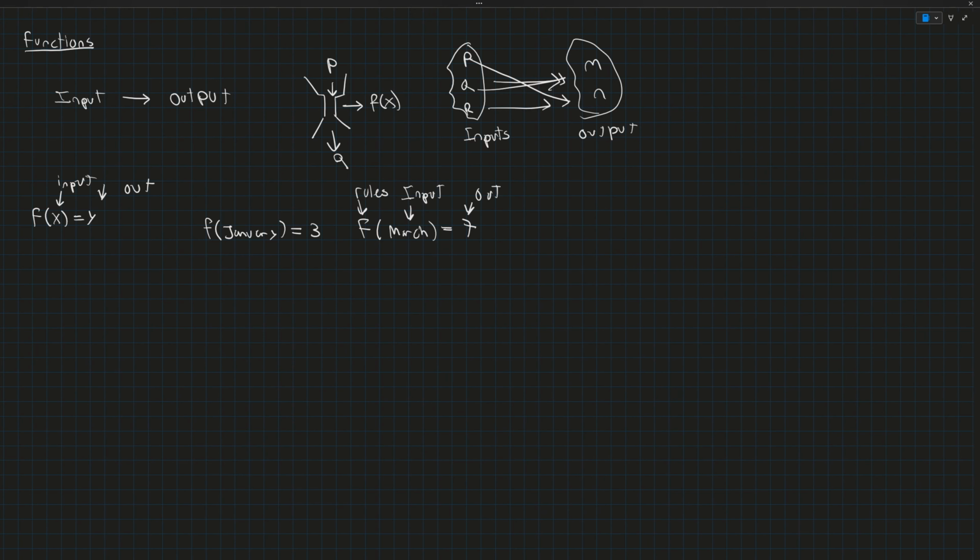Now, the typical way a function is defined is mostly using algebraic forms. For example, a function would be f of x is equal to x squared. Let's do 2x plus 4. f of x could also take the form of 6x squared plus 3x plus 2.